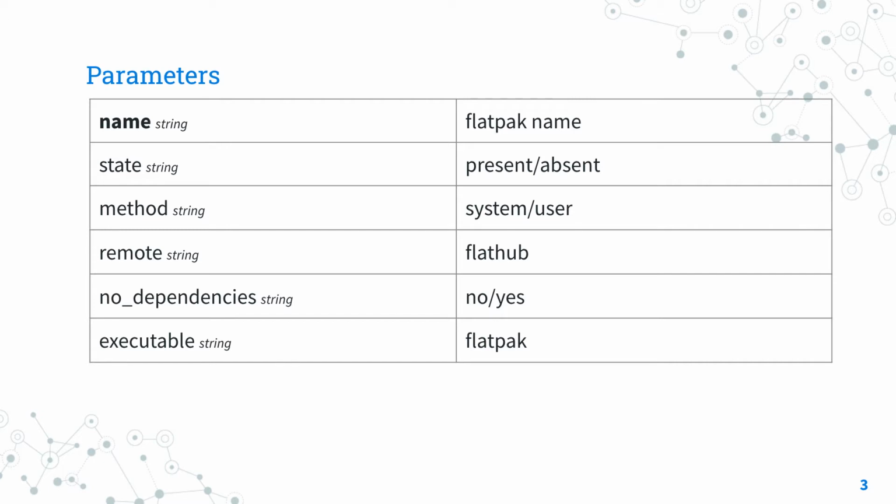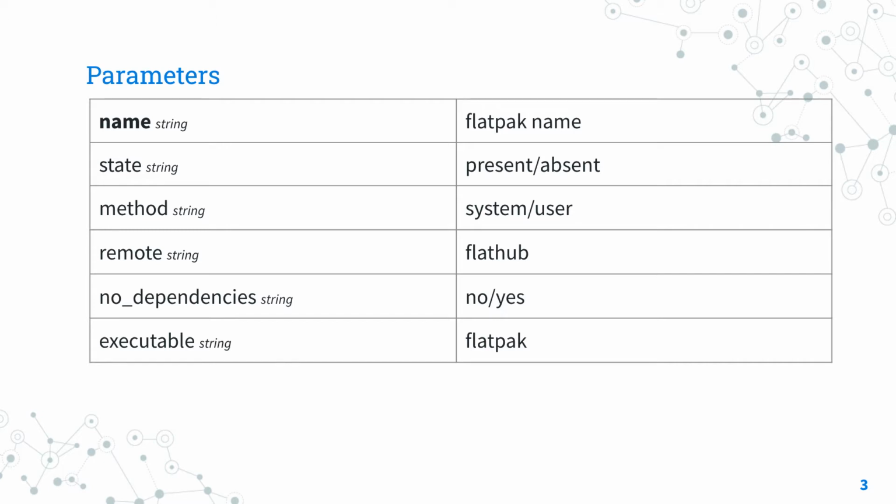The parameter method specifies if you would like to install the Flatpak system-wide, default, or only for the current user.